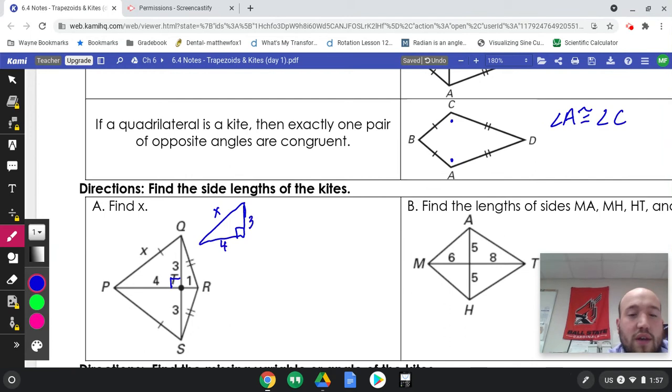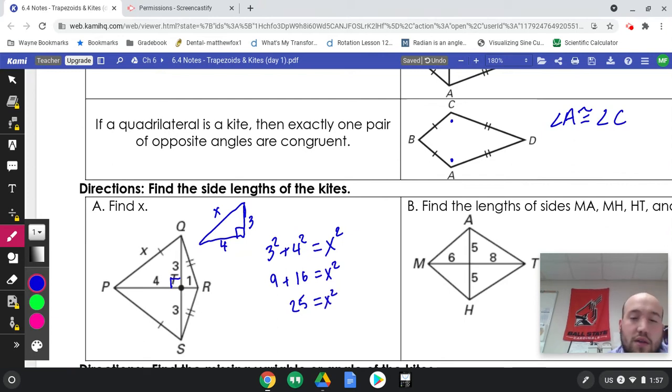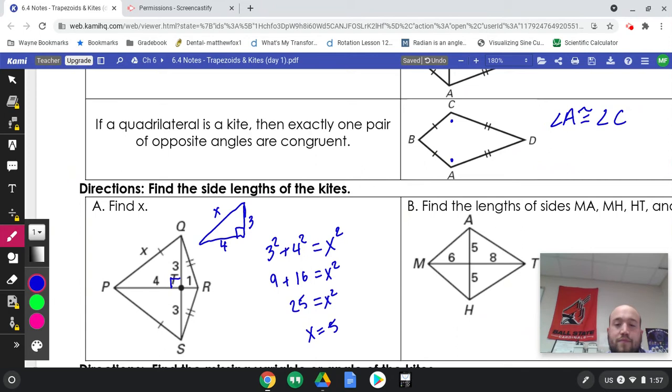We know this is 3. We can use a squared plus b squared equals c squared, and we will find what X is. So 9 plus 16 will equal X squared. 25 equals that X squared. And X will equal 5.